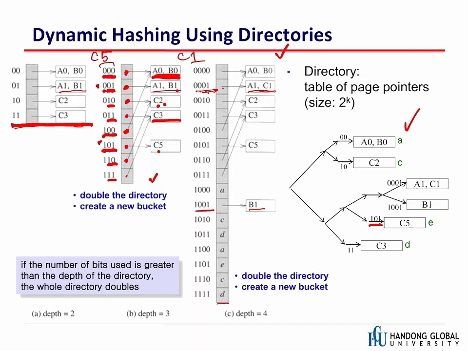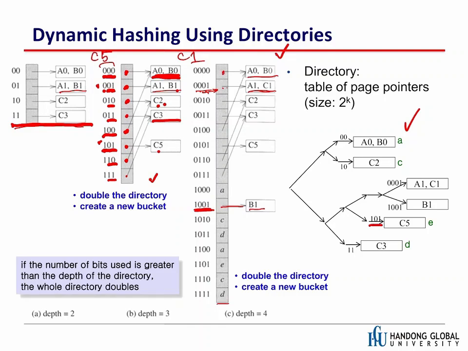And if the representation ends with 1, 0, 0, 1, then it goes to this directory which points to this bucket. Then let's look at the A0, B0 bucket. We didn't actually touch the A0, B0 bucket, so they don't have any problem so far.